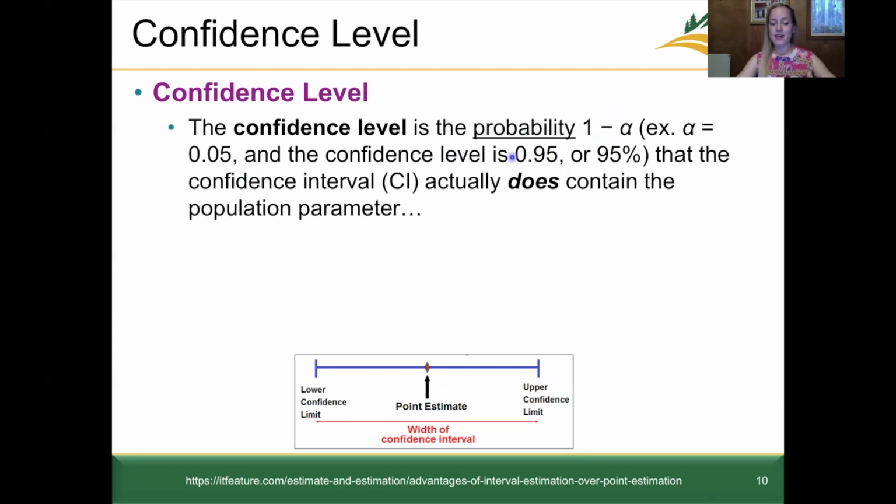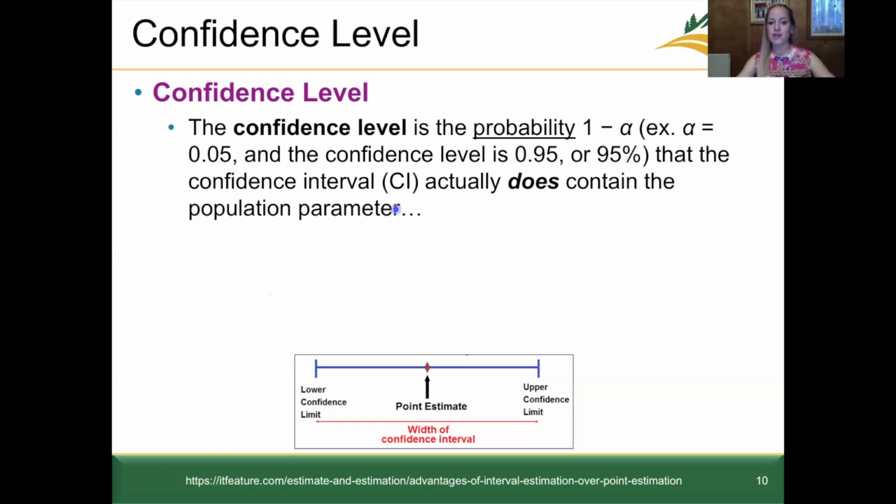Now connecting confidence levels to confidence intervals that we just talked about on the last slide, if our confidence level is considered 95%, then we take that as a 95% probability that the confidence interval, or CI, actually does contain the population parameter.